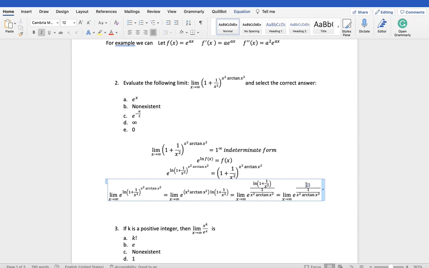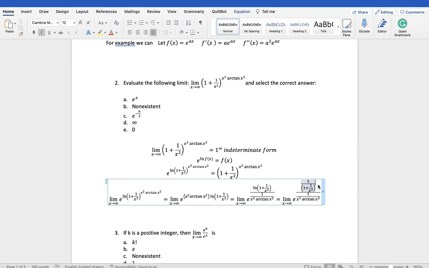I have open bracket 1 over 1 plus 1 over x squared, 1 over 1 plus 1 over x squared, okay? No, 1 in the numerator divided by 1 plus 1 over x squared.